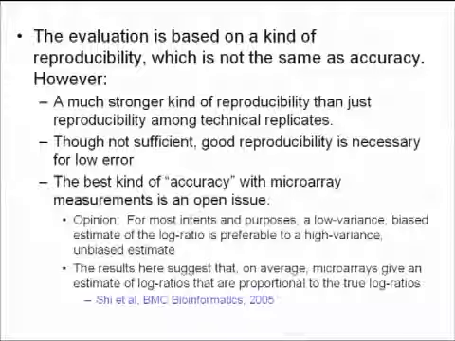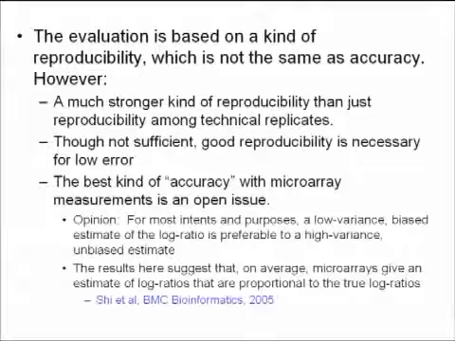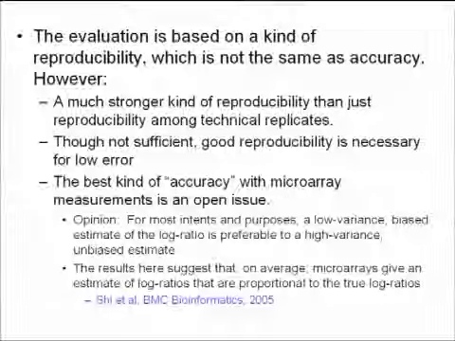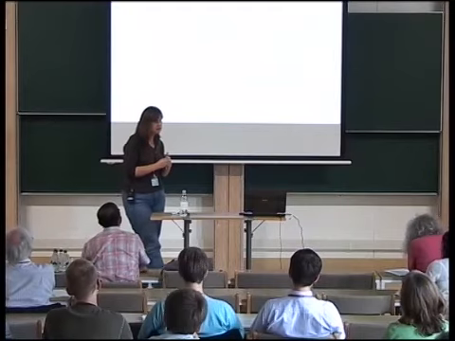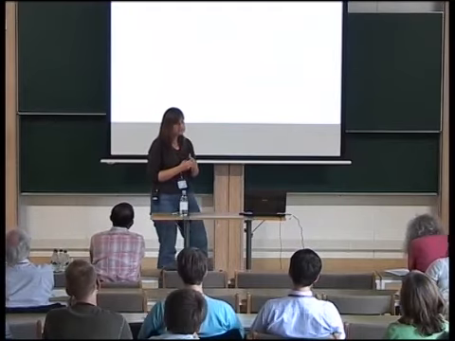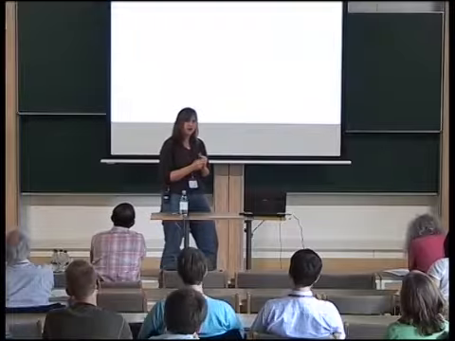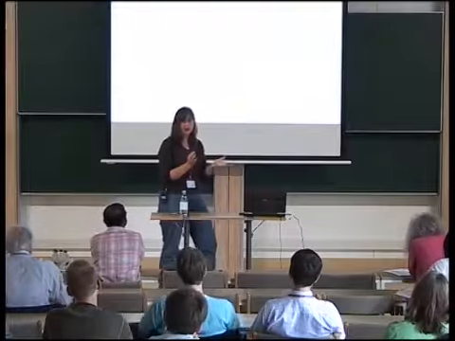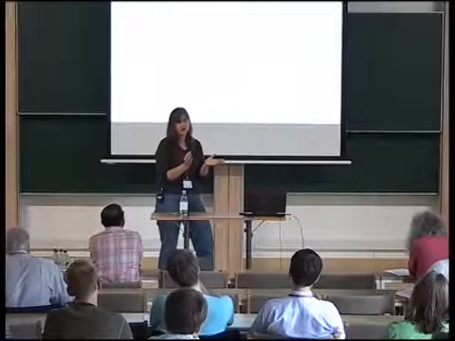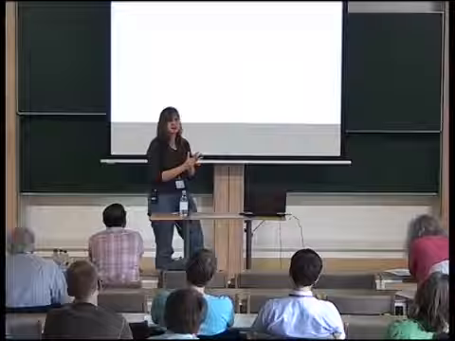But I think another interesting thing about this study is that we got good agreement between these direct and indirect log ratios. That's saying that, on average at least, microarrays give an estimate of log ratios that are proportional to the true log ratios, which is an assumption of design papers especially, that I think we need to think a little more about.